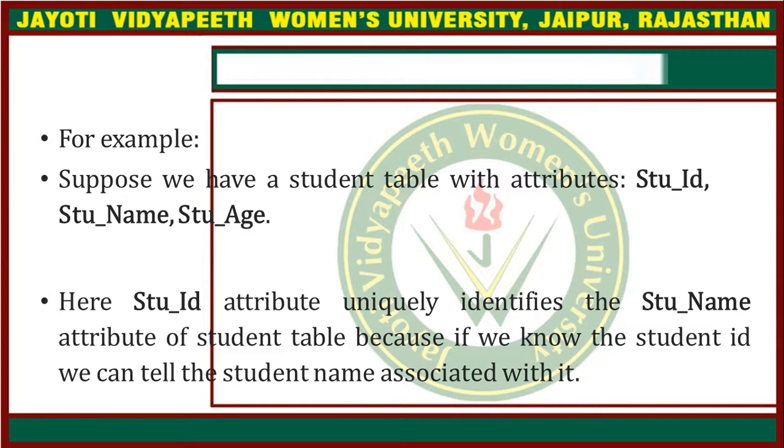For example, suppose we have a student table with attributes studID, studName, studAge. Here studID attribute uniquely identifies the student name attribute of the student table, because if we know the student ID, we can tell the student name associated with it.